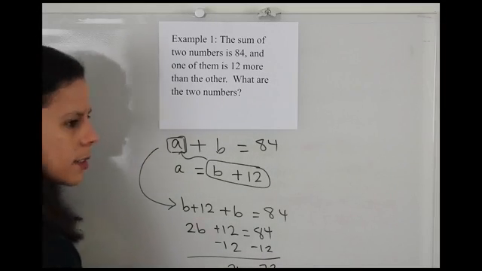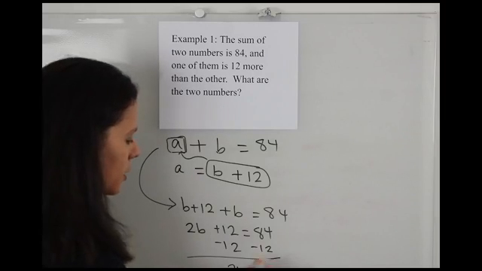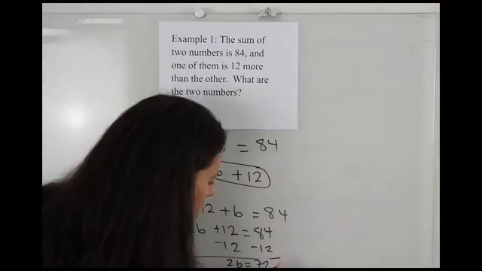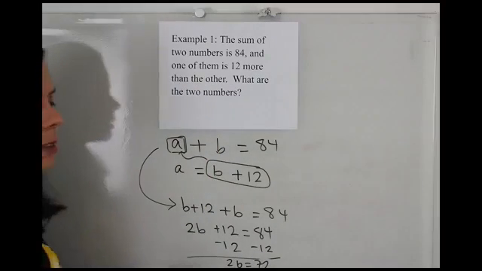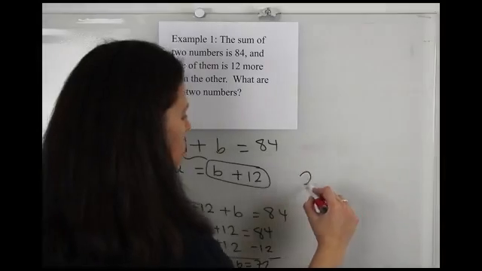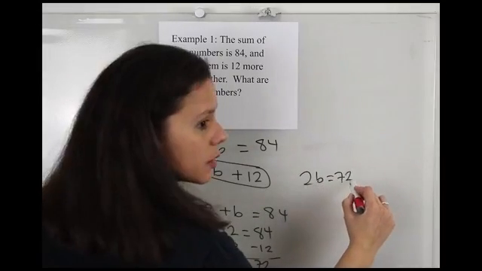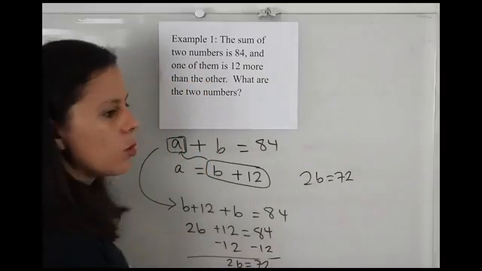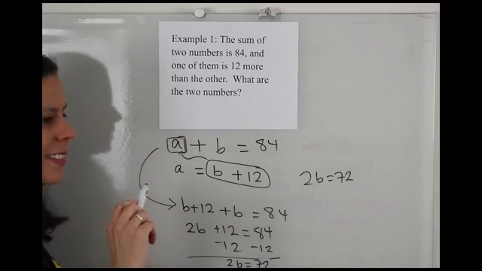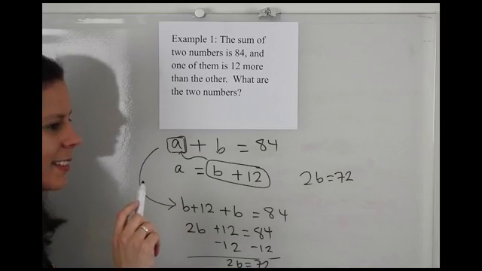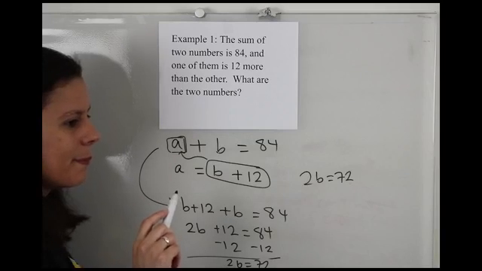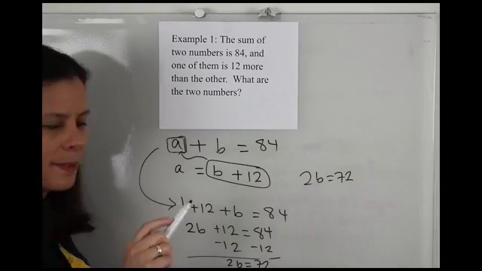Can you see that? Is it a little too low? It's too low, isn't it? 2B equals 72. All right. And then, since 2B is equal to 72, what do I do next? Divide by 2 on both sides.